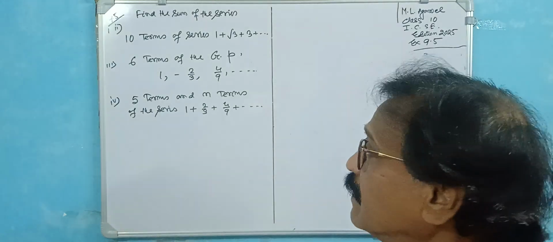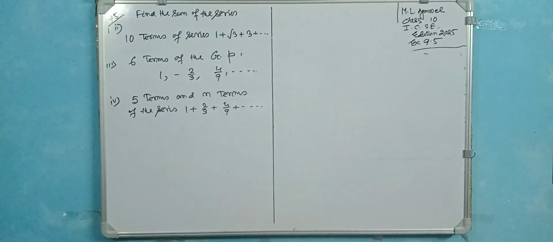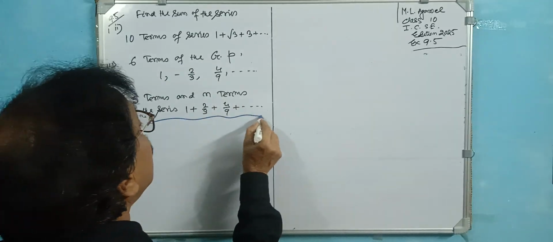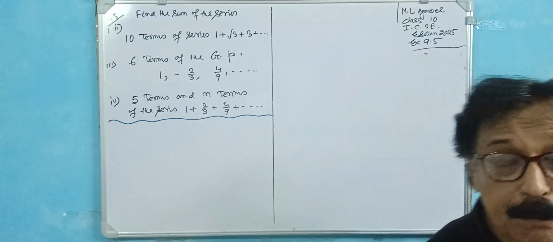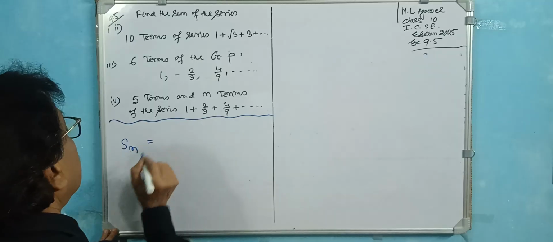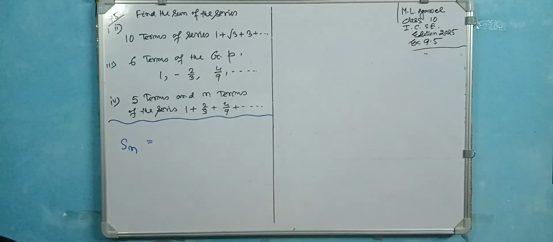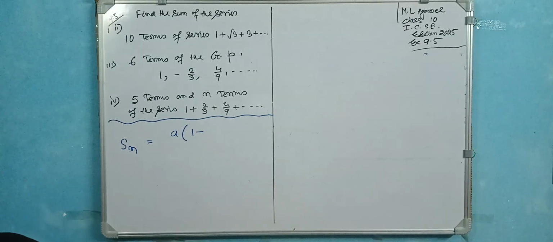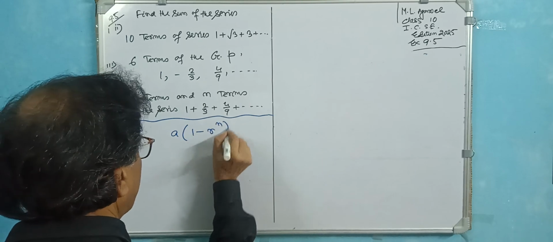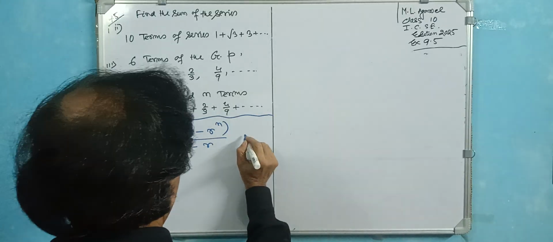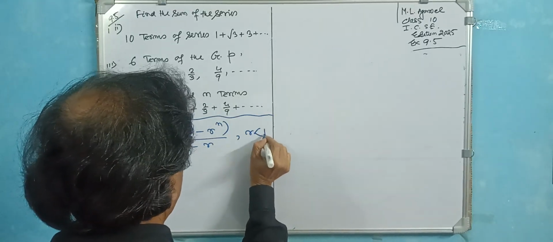Here the concept must be clear. In case you just remember these two formulas only, this is very important. The sum of the GP series, that is Sn. The formula is Sn = a(1 - r^n)/(1 - r) when r is less than 1.